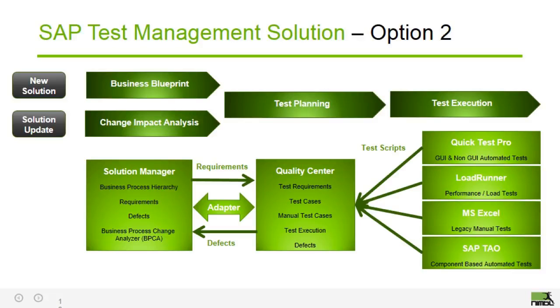You can create automated test scripts using tools such as QuickTest Pro provided by HP, or SAP TAO, which is a component-based test automation tool, and put those test scripts into Quality Center, perform your testing, and then if there are defects, you can choose to either resolve them in Quality Center itself or sync them into Solution Manager and use the incident management module within Solution Manager to resolve them.